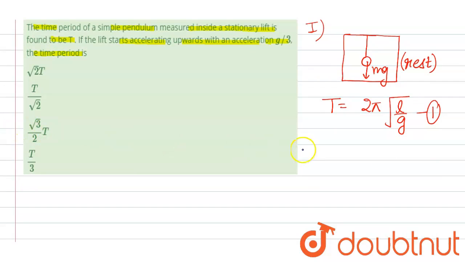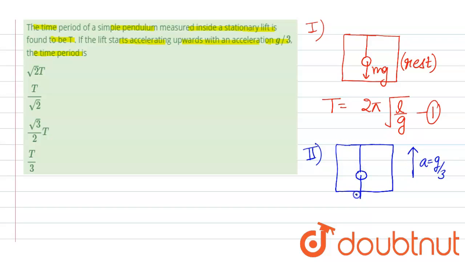Now for the second condition, it is written that the lift is moving upward with some acceleration g by 3. So as a result, the bob attached to the ceiling of the lift will experience a pseudo force downward, and there is gravity which is also acting downward.